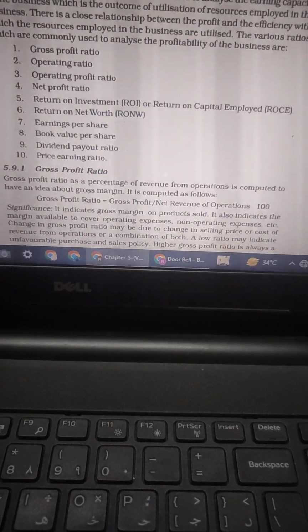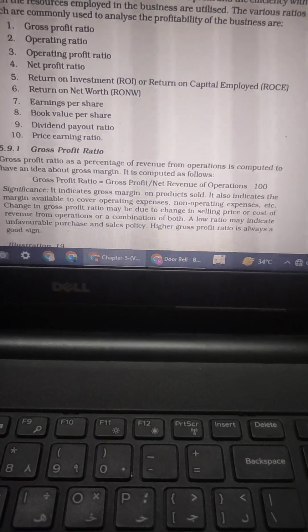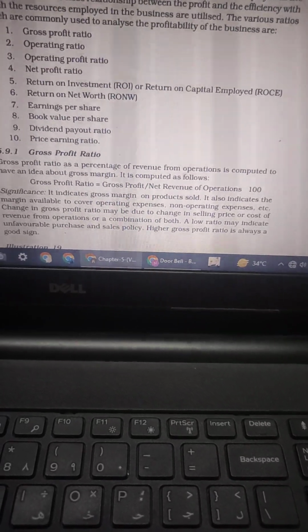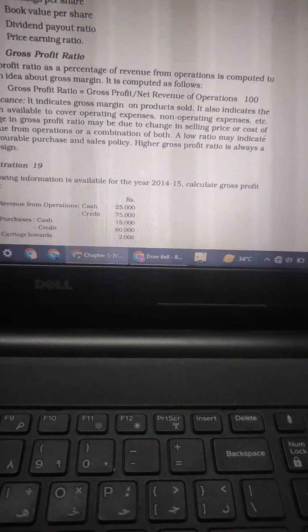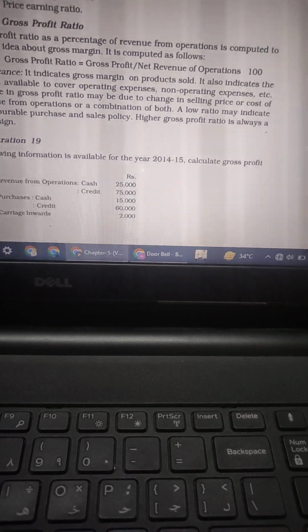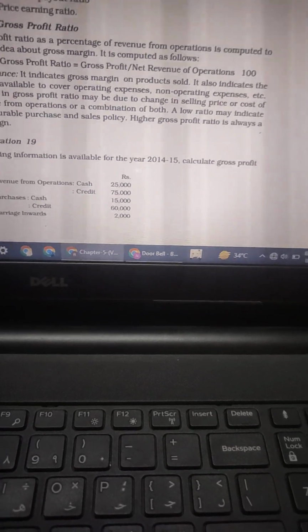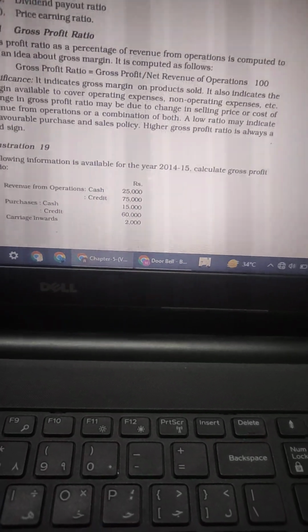There are 10 types of profitability ratios, that is gross profit ratio, operating ratio, operating profit ratio, net profit ratio, return on investment, or we can say ROI, or return on capital employed, ROCE, return on net worth, RONW, earning per share, book value per share, and dividend payout ratio. Gross profit ratio is equal to gross profit divided by net revenue from operations into 100.